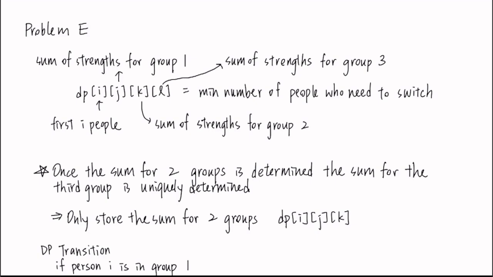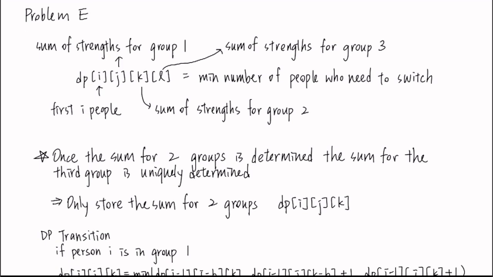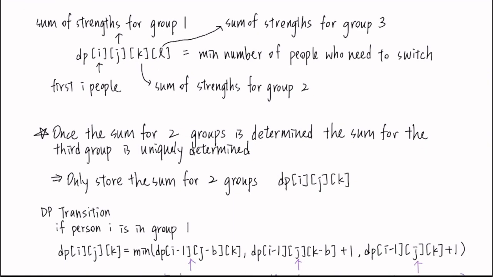However, we notice that storing all 4 states will exceed the memory limit. So we can try to optimize this. We notice that if the sum for 2 groups is determined, then the sum for the third group will also be fixed because the total sum is already fixed.